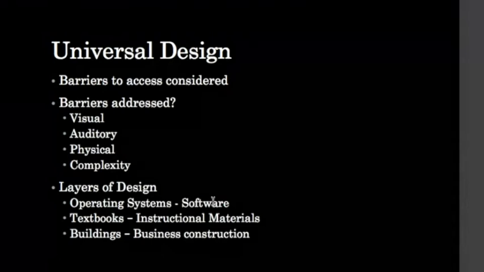And then once you get in there, there are layers of design, right? Just saying it's universal design, in an operating system, the operating system is universally designed, but that doesn't mean all the software in the operating system is universally designed.